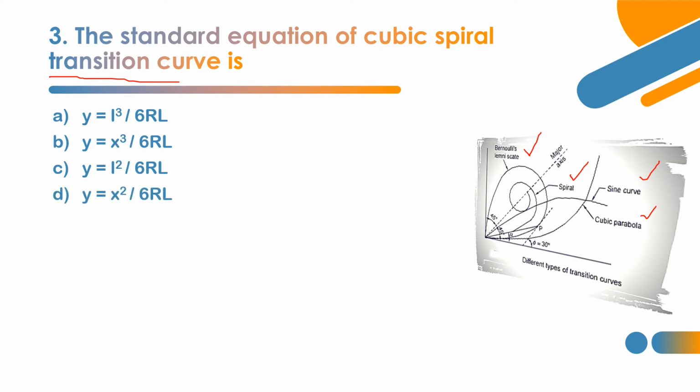Among the four options, what is the correct equation for cubic spiral transition curve? So the correct equation for cubic spiral transition curve is option A, y is equal to L cube by 6RL.